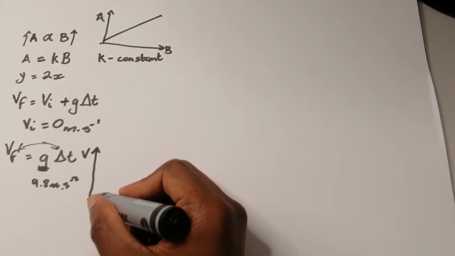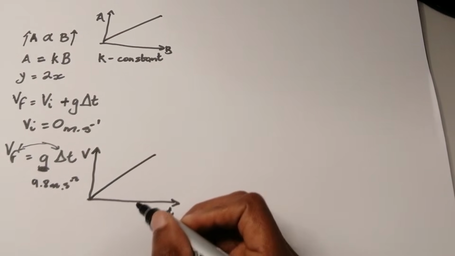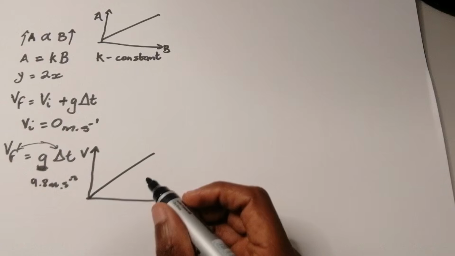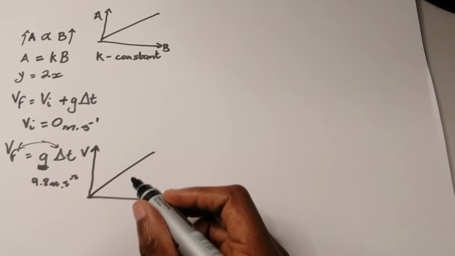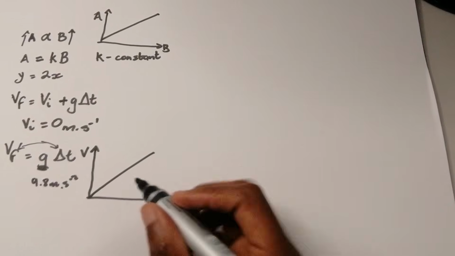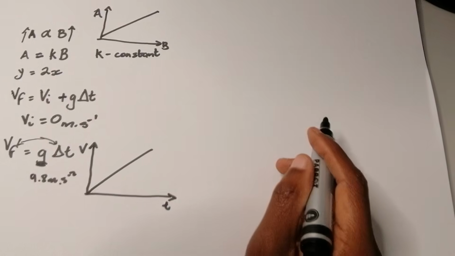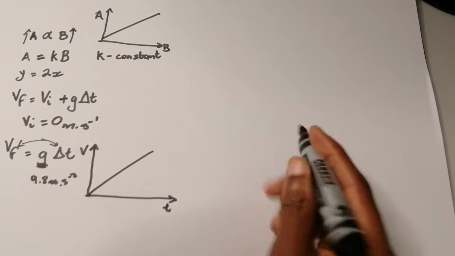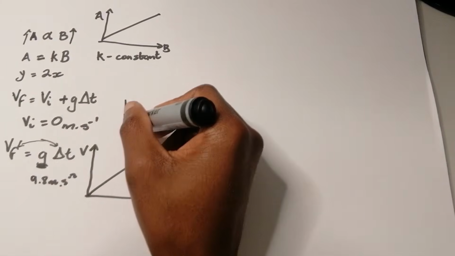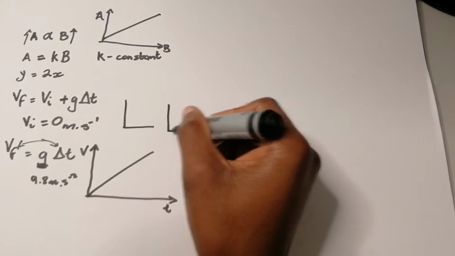So guess what? It will be a straight line graph. Now, of course, the shape of the graph will depend on the value of g, whether positive or negative. Remember in mathematics, you use that.